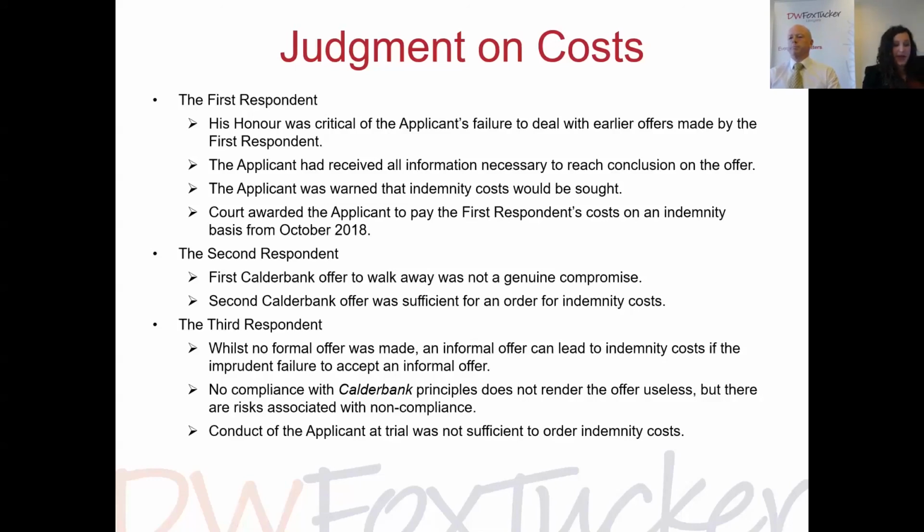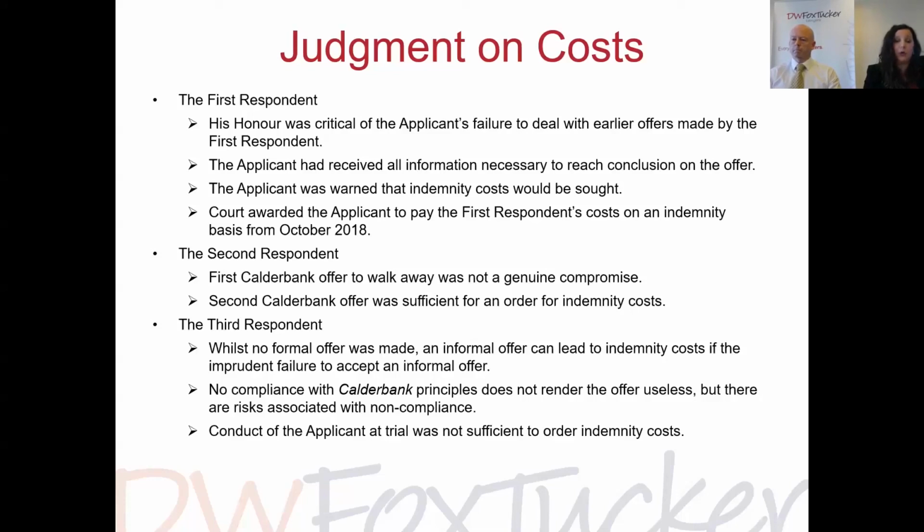His Honour considered that the applicant had received clear notice of its deficiencies in its case, and whilst there was a technical defect in the formal offer in that it was only open for 9 days instead of the prescribed 14 days as required under the rules, the Calderbank offer was sufficient in that it provided detail, set out the offer clearly and precisely, and also gave 9 days, which in the context of the stage of the trial, the court considered was reasonable. So in light of that, the second respondent did receive costs on an indemnity basis.